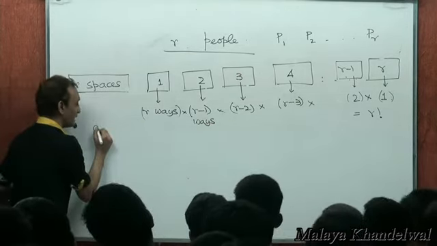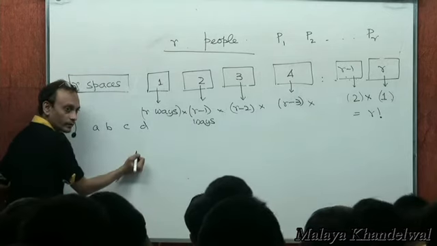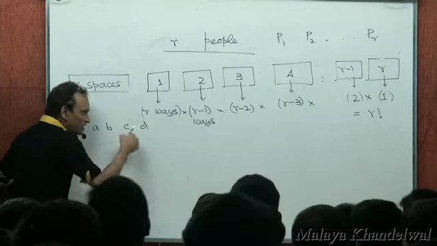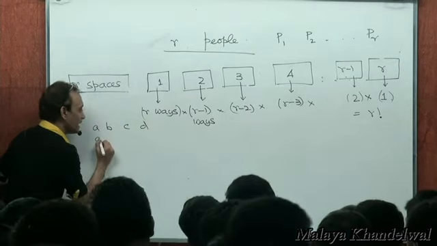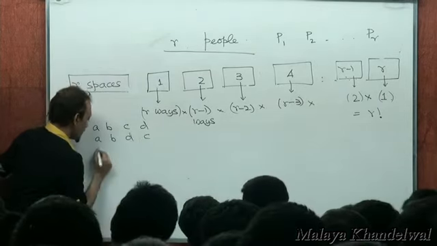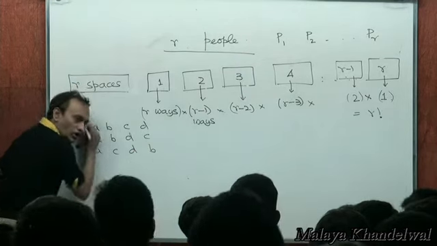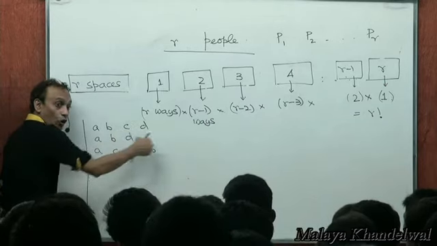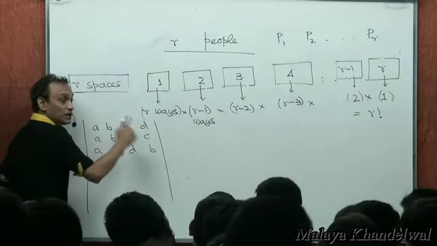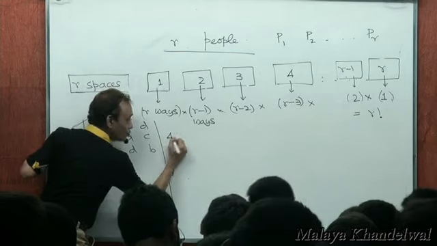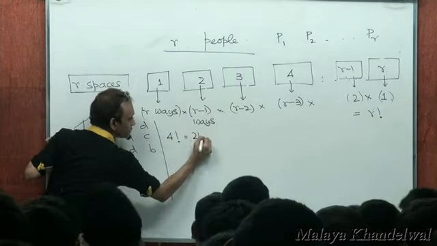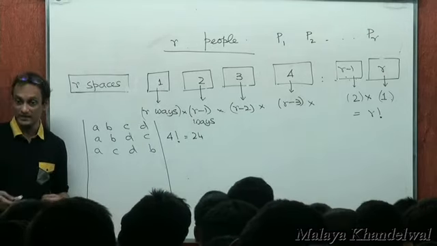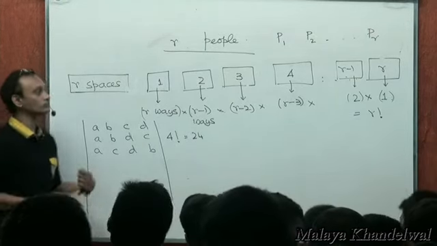So if there are these 4 letters A, B, C, D, and I want to arrange them in all possible ways, A, B, C, D, A, B, D, C, A, C, D, B, etc., then the number of ways in which I could arrange all of them in order is four things in 4 spaces. It would be 4 factorial ways. That makes it 24 ways in which I could fill up all these spaces, right?